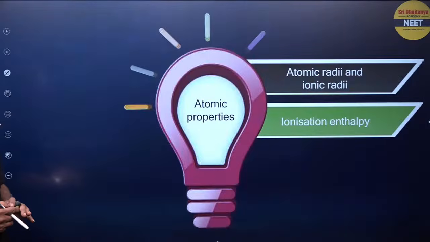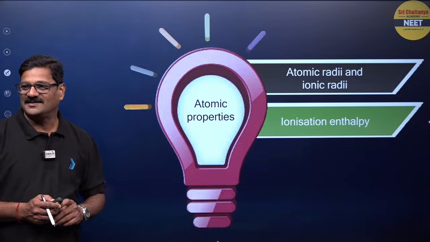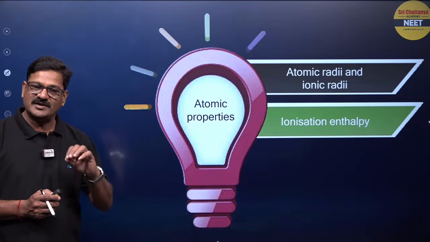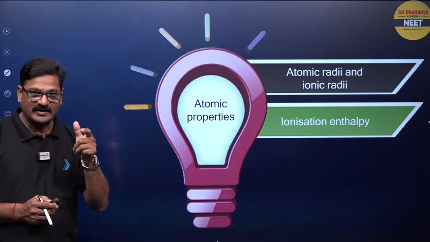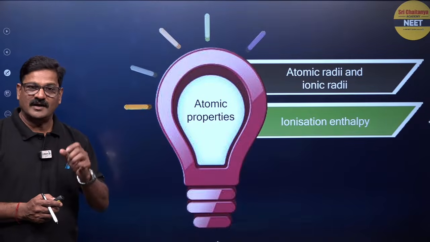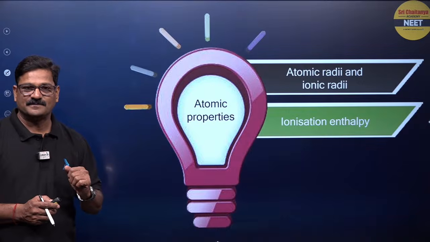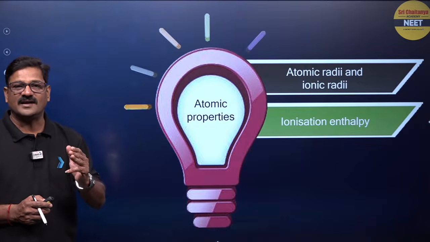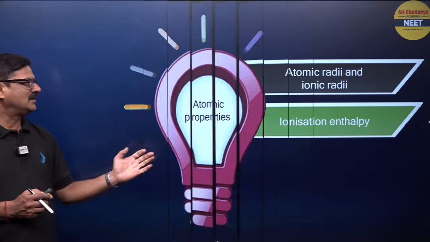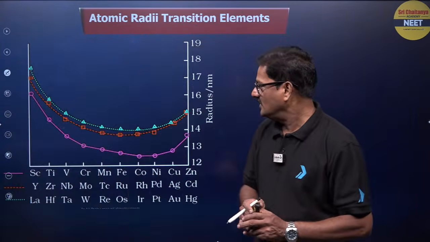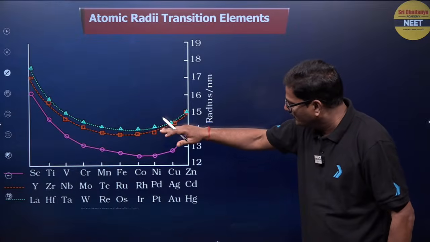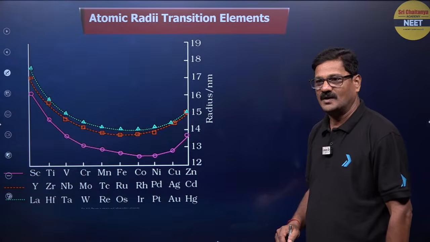Now moving ahead, atomic properties. Good. Atomic properties means there are three major things I want to include: atomic radius, ionization energies and standard electrode potentials. Let us move here. This is the atomic radius in 3D, 4D, 5D.